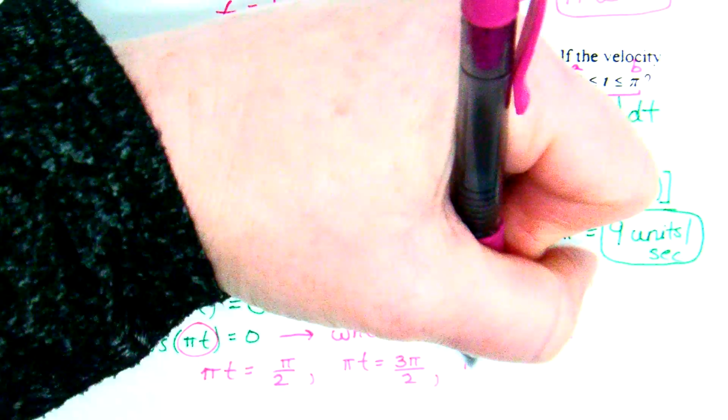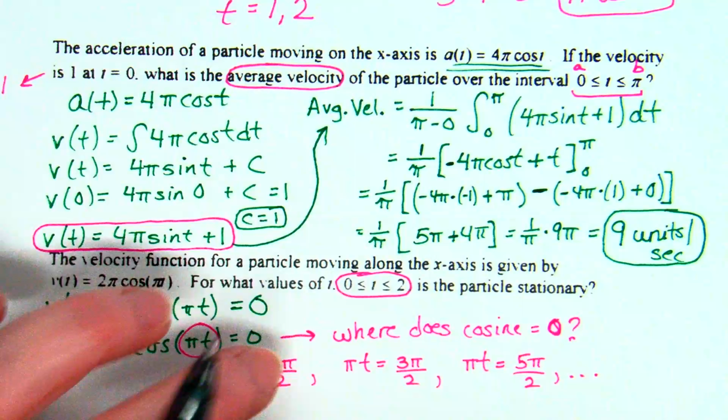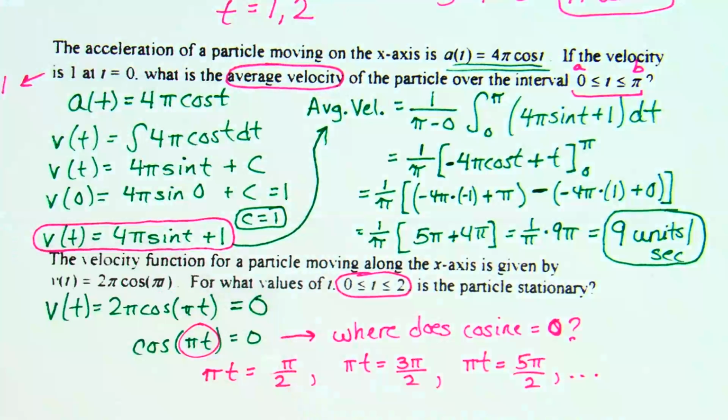I'm going to go one more. This is just a beware thing, but I'm looking for any place cosine equals 0. So cosine equals 0 at pi over 2, 3 pi over 2, and we can keep going: 5 pi over 2, 7 pi over 2. You have to be able to list all of them on that interval.